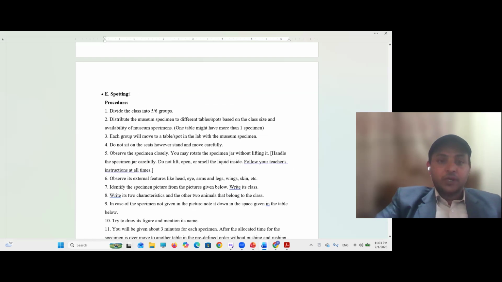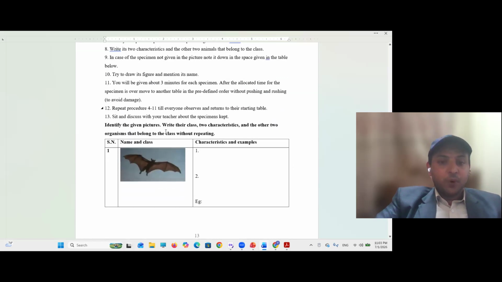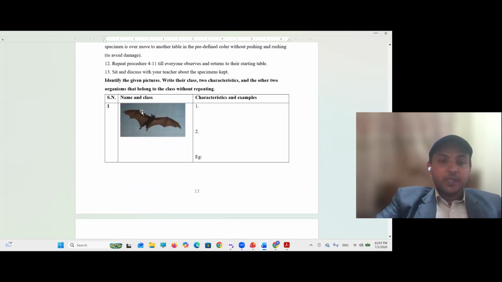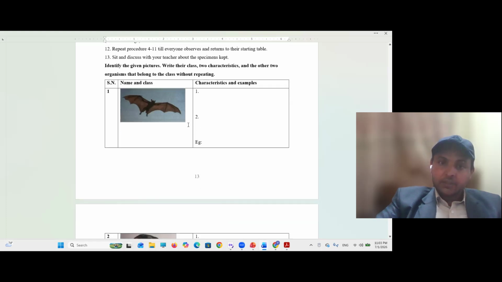Then students will be given the spotting activity. The museum specimens will be kept at different places. So they need to identify the names of the organisms and they need to write some characteristics with other examples that belong to that class.